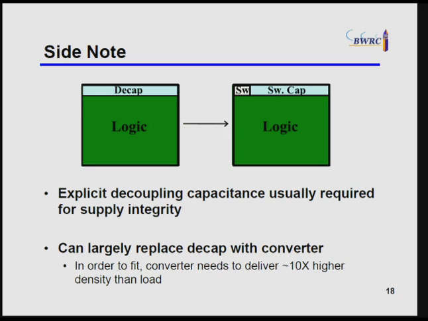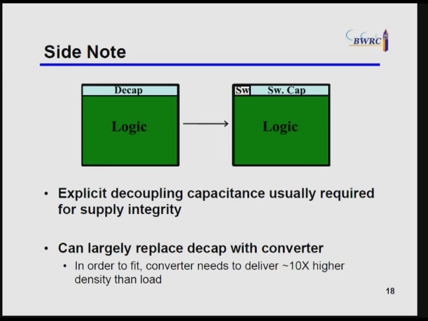Okay? So in other words, functionally, they basically play the same role. So if, for example, I could fit my converter into the area you would have anyways used for that decoupling capacitance, which is conceptually what I've shown here, then indeed I can get this thing to be fully integrated with nearly zero additional cost or overhead.